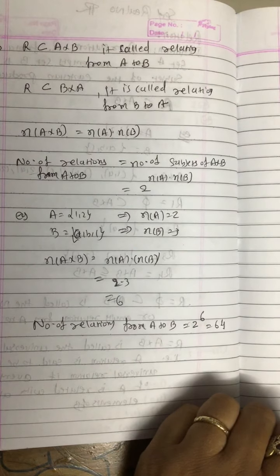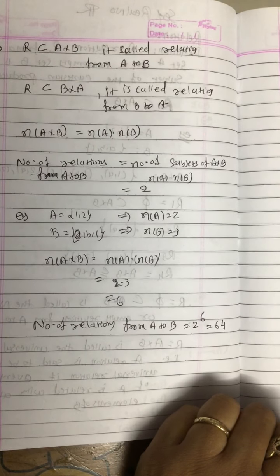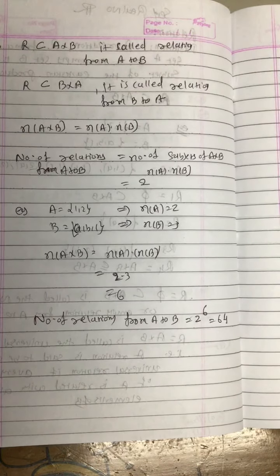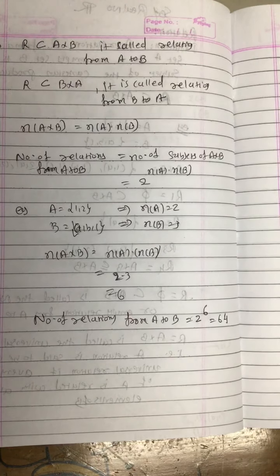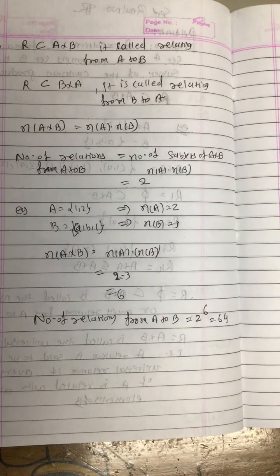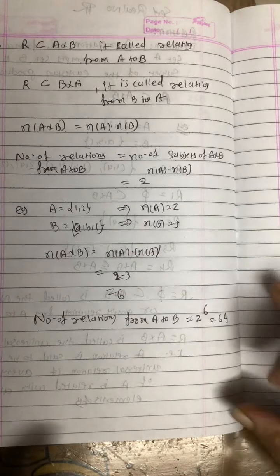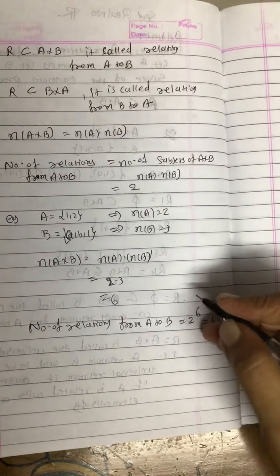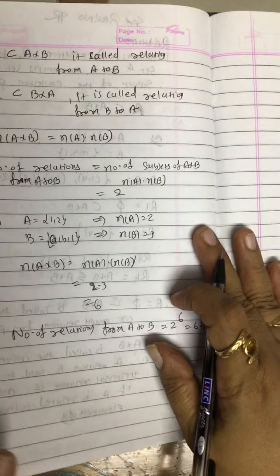The set itself is also a subset of itself, which is called the universal relation, right? And as we have studied, apart from the set itself, the rest are said to be proper subsets. Like that, there can be proper relations: except the set itself, the rest of them are proper relations.